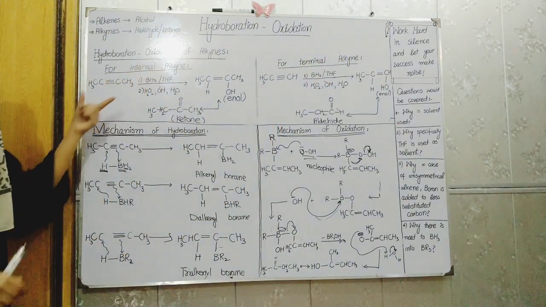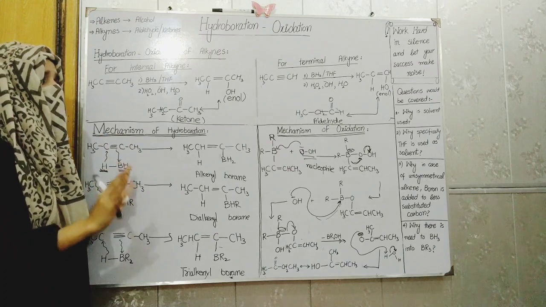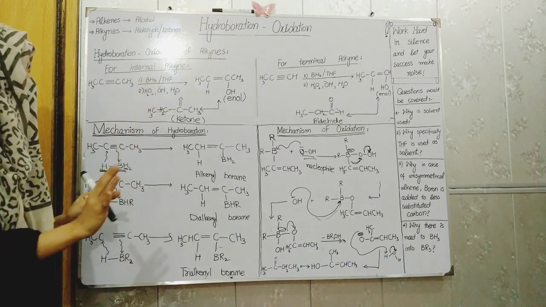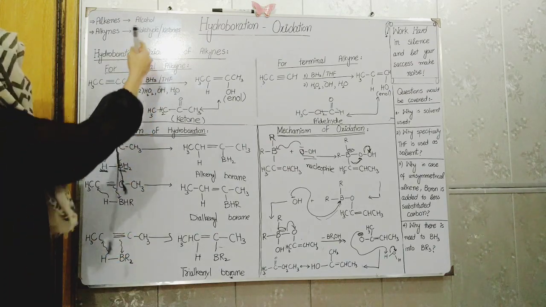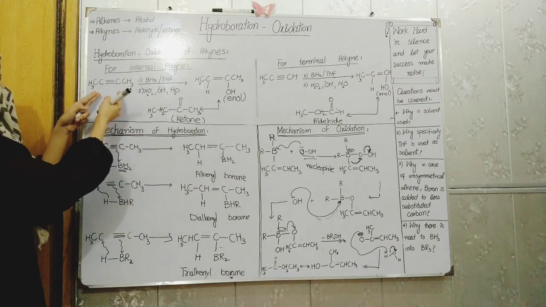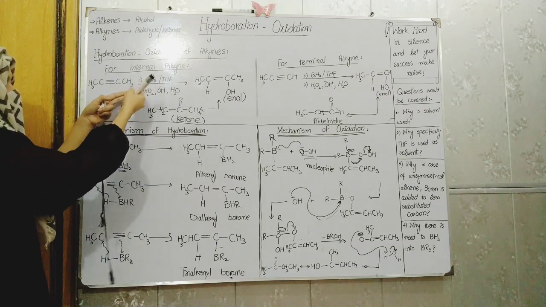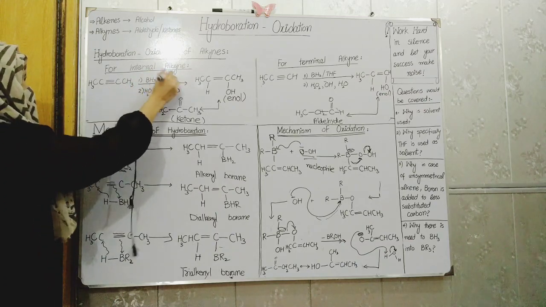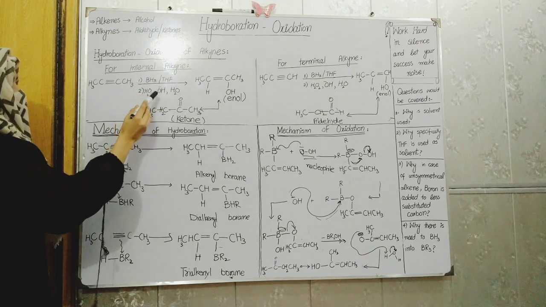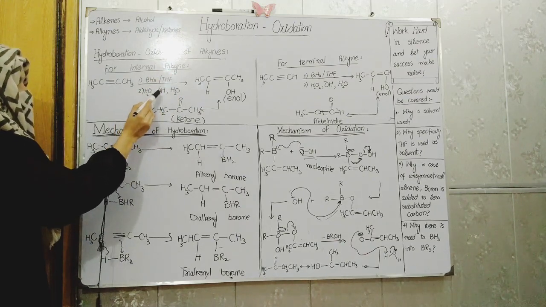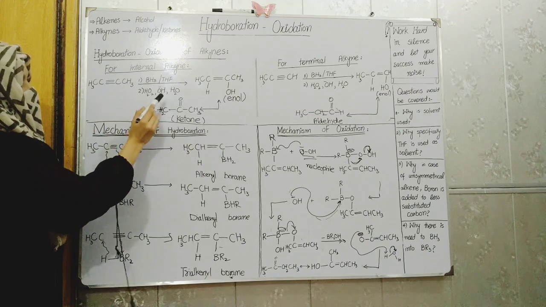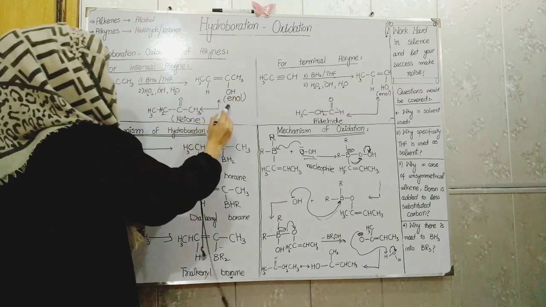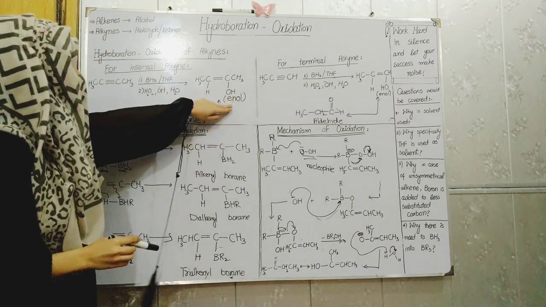In the case of an internal alkyne, the mechanism is just like the hydroboration oxidation of alkene, but the product is different. In the first step we again add borane with tetrahydrofuran as a solvent. In the second step we add an aqueous solution of hydrogen peroxide and hydroxide, and we get the product, first an enol. Why do we call it enol?